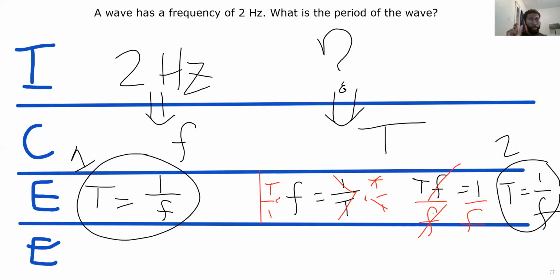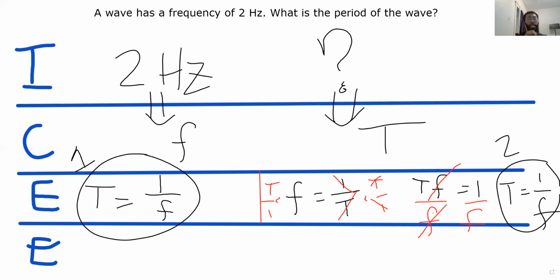Again, I recommend that you practice the second way, because as you move forward in physics and math, you get a bunch of different equations, and you're not going to want to commit to memory all the different forms of the equation. It's not effective, because it's just too much to remember unnecessarily.